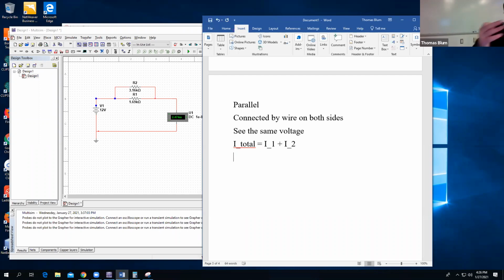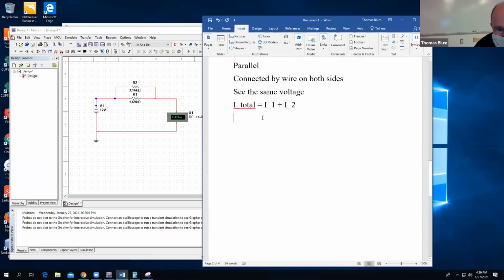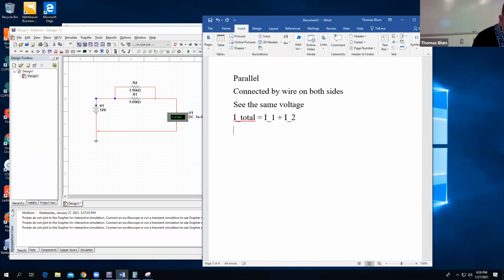All these things obey Ohm's law. If I take Ohm's law, V equals IR, but I solve it for current. So let me scroll up. Here's our Ohm's law, V equals IR, but if I solve it for current, it's V over R. So this would be V over R. The total is V1 over R1 plus V2 over R2.